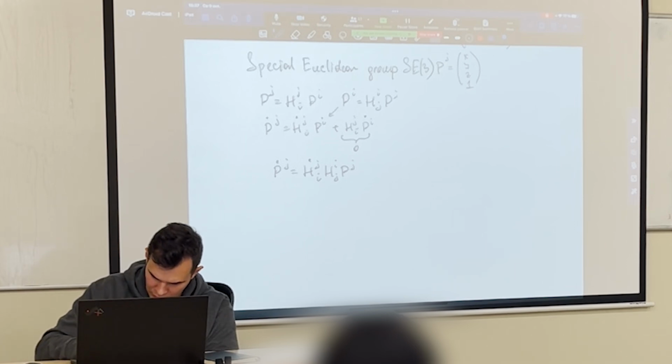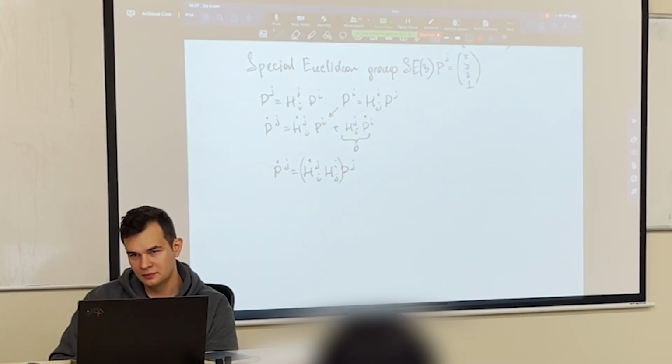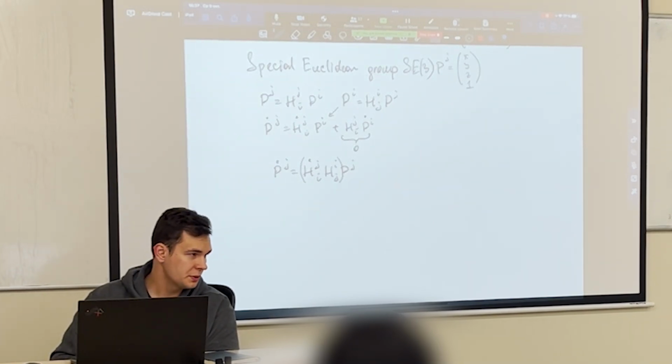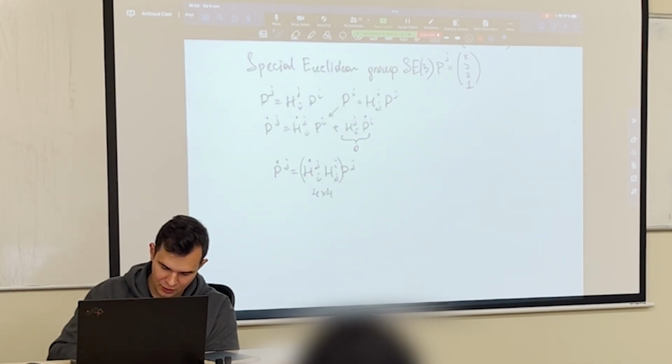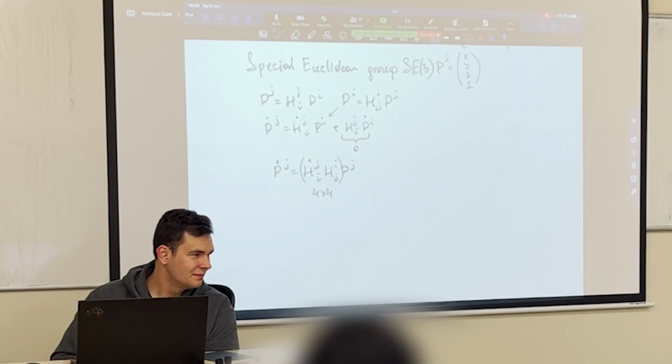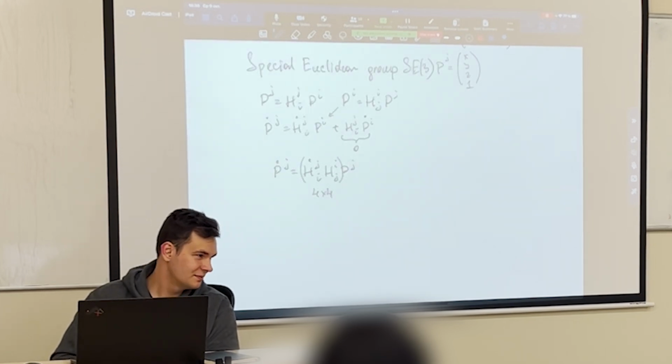And you also have something strange. What will be the dimensionality of this matrix? 4 by 4. And what is it? It's the skew symmetric of the homogeneous representation of the angular velocity. It's not only angular velocity.